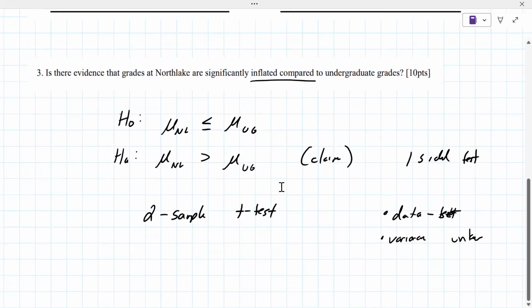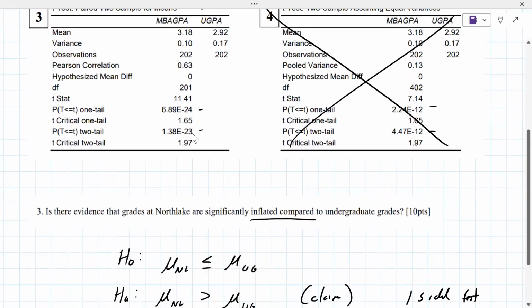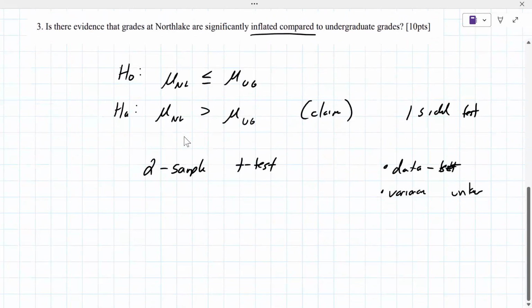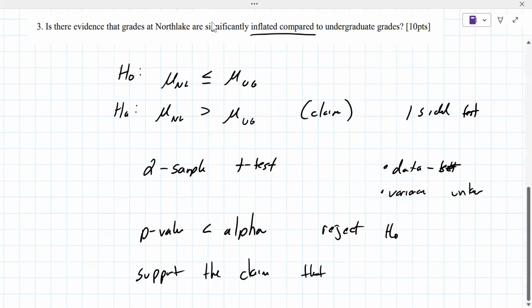All right. So when you've got a two sample t-test, you just look at the p-value. Your p-value is basically zero, so your p-value is less than alpha. So you reject H0, which means you support the claim that the grades at North Lake are significantly inflated compared to the undergraduate grades.